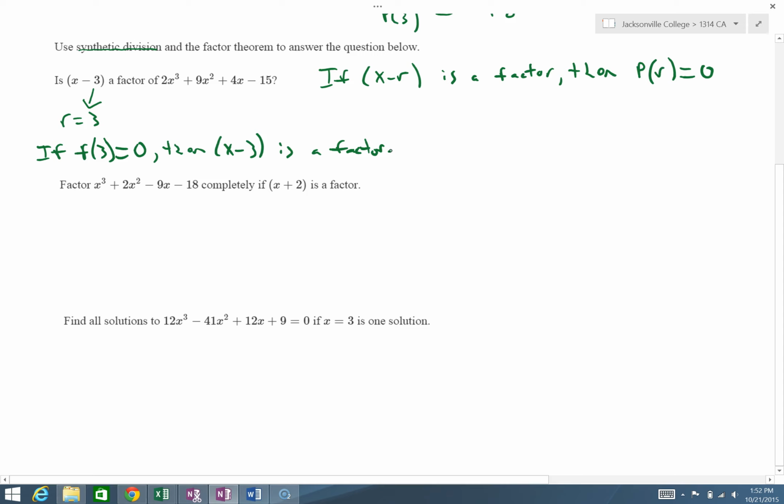Okay, so all I'm going to have to do is just substitute 3 into this and see if it indeed pairs with 0. Let's think about why that is the case. You may remember from our solving by factoring that if we had a whole lot of factors and they were set equal to 0, then each one of them individually could be set equal to 0.